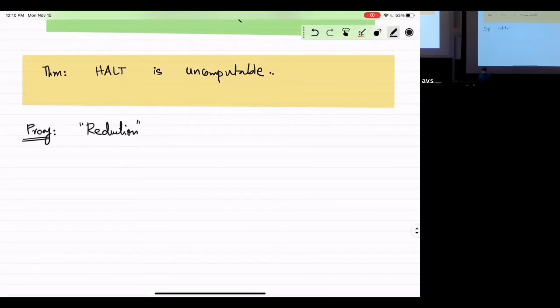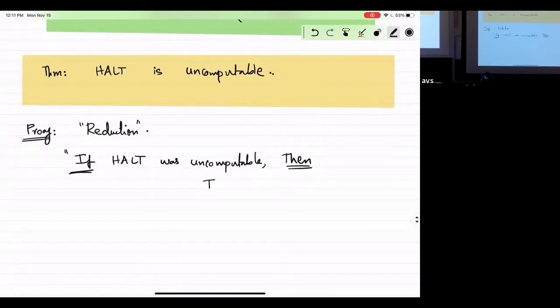Okay? And the way it works is, you want to show the following implication. If halt was computable, then toddler is computable.